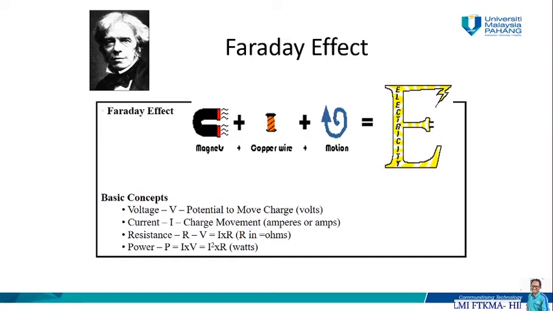Some of the quantities used in the magnetic field and Faraday's law are the quantities used to quantify the strength of a magnetic field, which is the magnetic flux, known as phi, with units of Webers, Wb. Then we have the magnetic flux density given by capital B, in units of Webers per square meter, or Teslas.